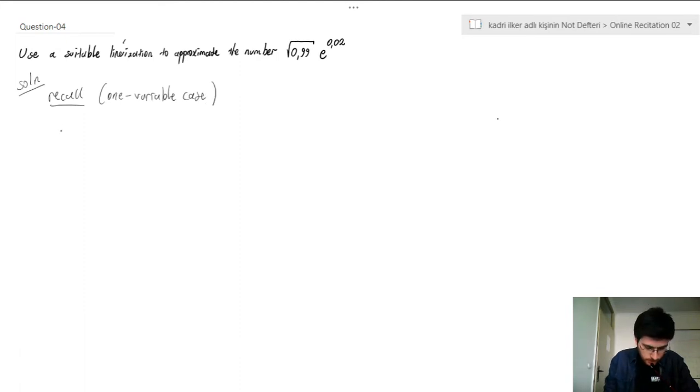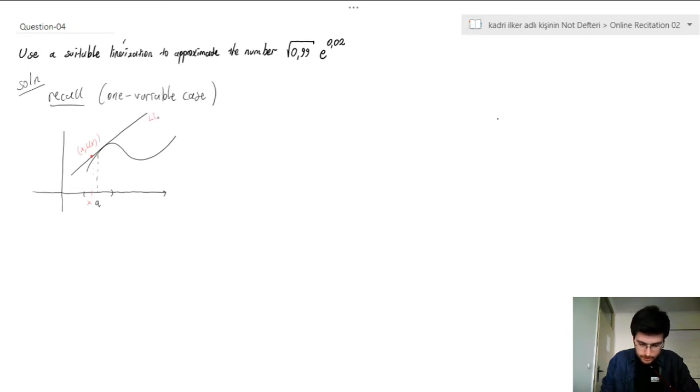If we have a function which is a little bit complicated, for instance something like this, and around some point A, by using its tangent line we can compute any value near the point A. For instance, over here, a point x here, but instead of computing that value, we compute this one, which is actually L(x).